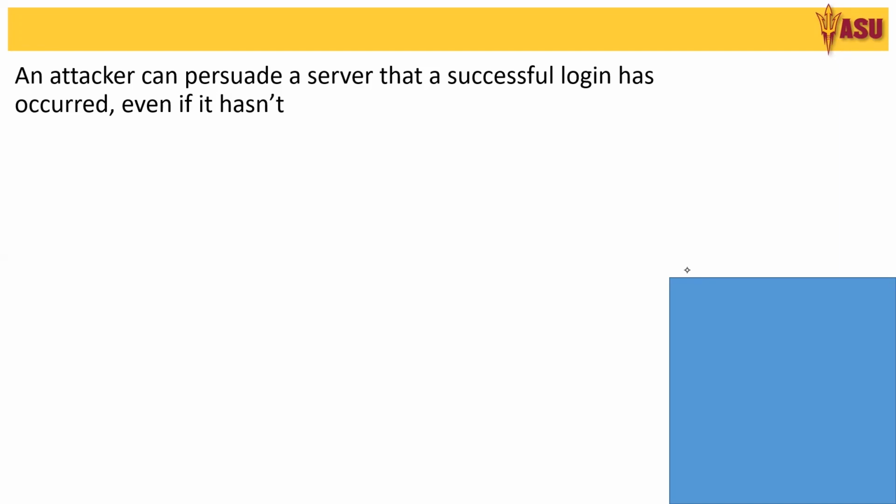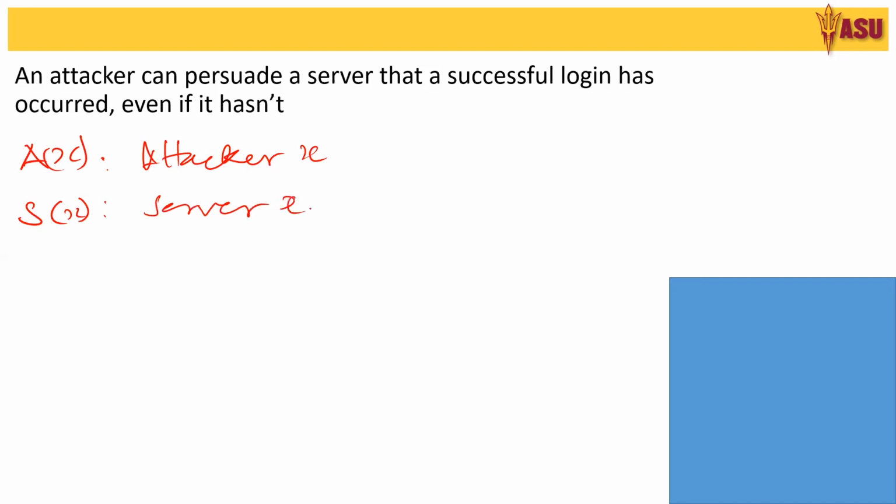The first part of this statement is we have an attacker: A of X is attacker X. S of X, let's call that server X.